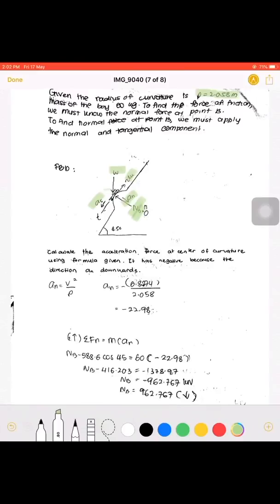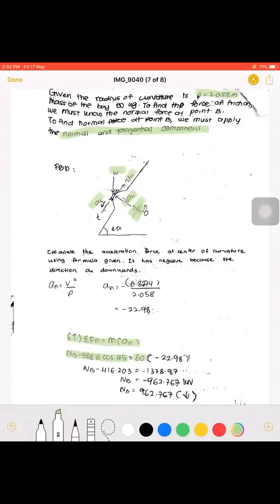At point B, the shape is curved, so we use the normal and tangential components. For the normal component, we use summation Fn equal to m AN: NB minus the weight component at 45 degree, 588.6 cos 45 degree, equal to 60 times AN, the mass of the buoy.